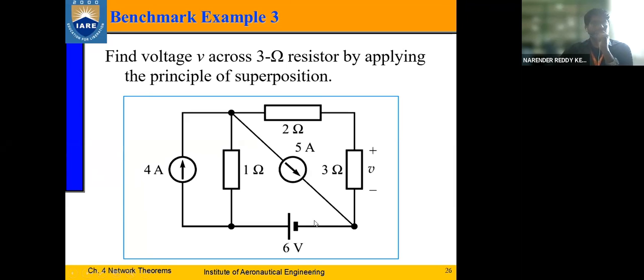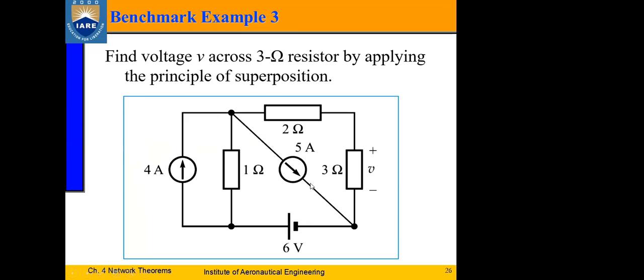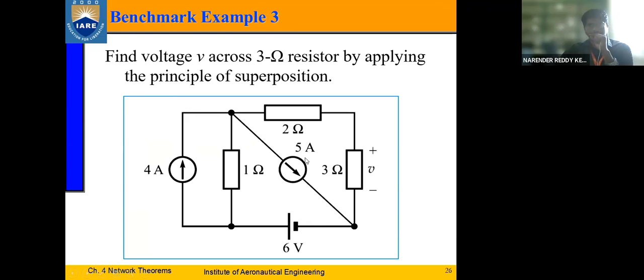Okay. So case 1, we assume that only source 1 is present, that is 4 amps, and we have to replace the other sources with their internal resistance. So what is the internal resistance of a current source? The one parallel to it. No. Replacement is nothing but this: ideally a current source has an infinite resistance, right?